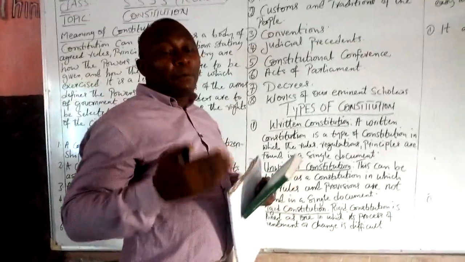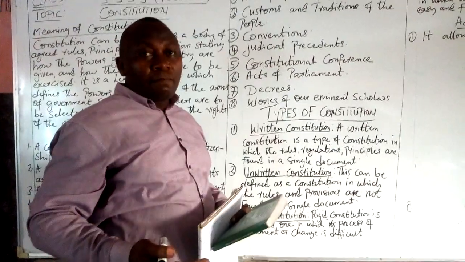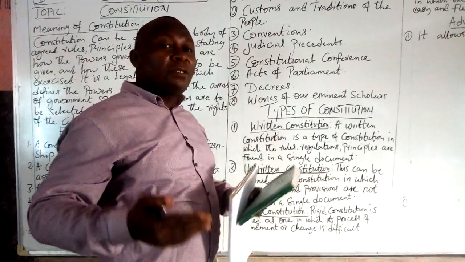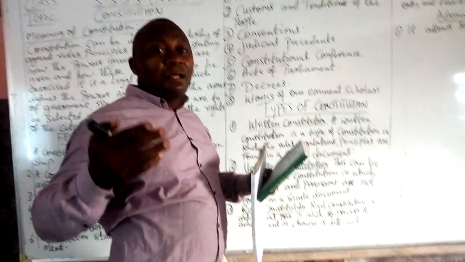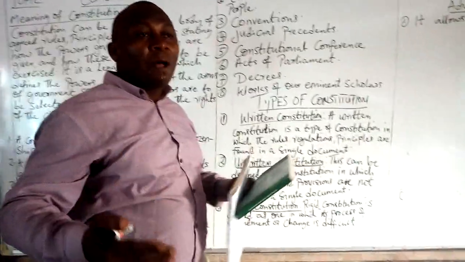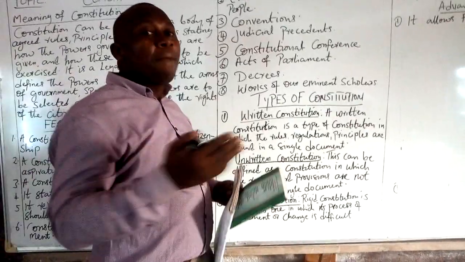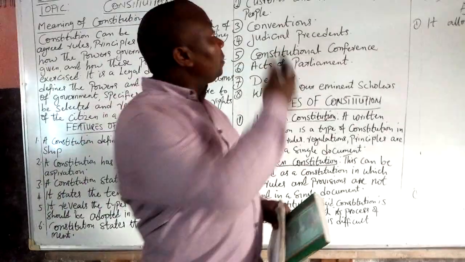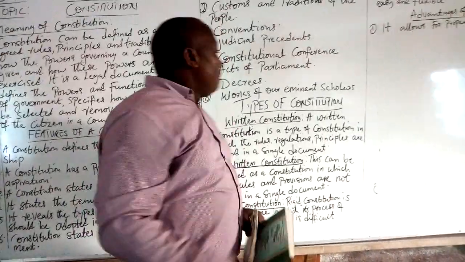The works of people like Civic, Chief of, or even other eminent scholars like Socrates, Thomas Hobbes, some of their works can also be considered when making a constitution. Okay, that's about the sources of constitution.